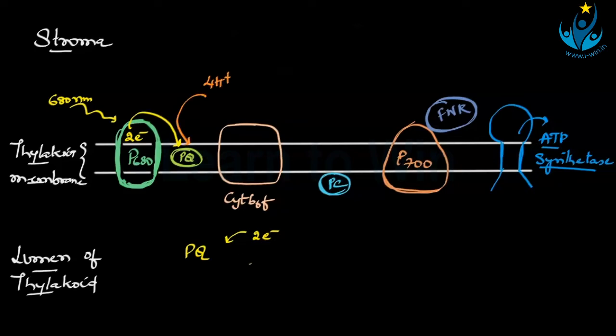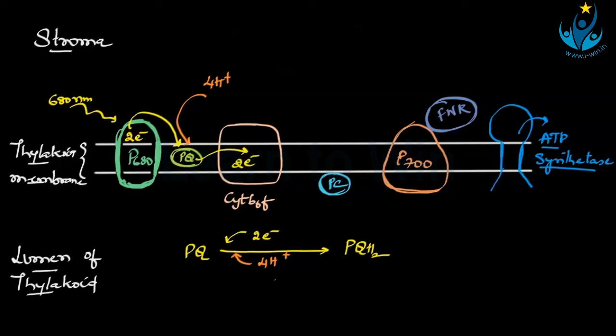So it is going to take 4 protons from the stroma, and this is going to become plastoquinol, the reduced form. Done. Now, the 2 electrons have to pass from plastoquinone to cytochrome b6f.